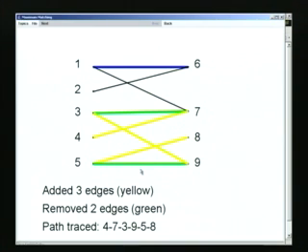As you can see, the green edges form the intersection between the path and the old matching, and therefore, they have been removed, and what has been included in the new matching is just the symmetric difference between the path and the old matching. So, these are edges which are in the path, but not in the matching. This is also an edge which is in the matching, but not in the path, and so the new matching will just contain this and these.